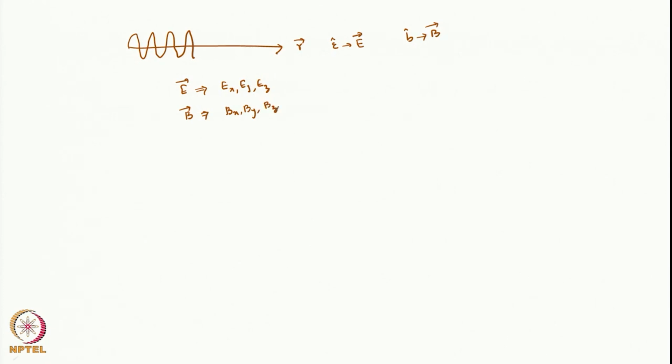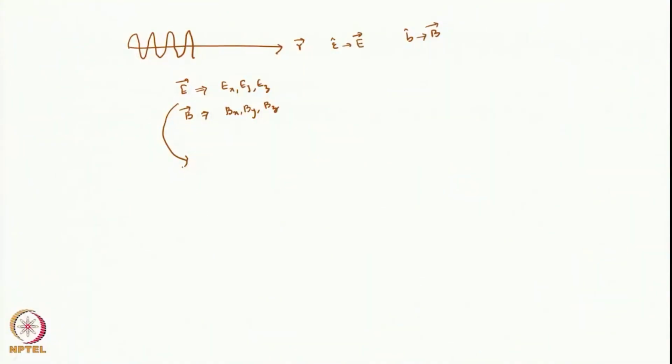But in the Hamiltonian we have potentials and not the fields. So, we need to convert these into potentials. There is a transformation that takes the electric and magnetic fields to scalar and vector potentials. Phi is the scalar potential and there is a vector potential A which will have three components, Ax, Ay and Az. So, totally we have four components, one scalar potential and three vector potential components.